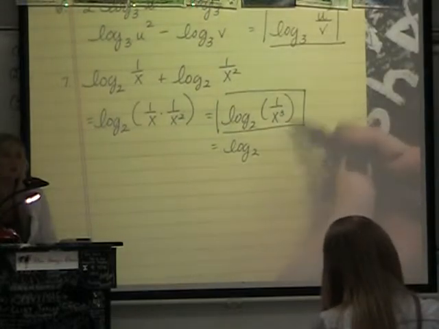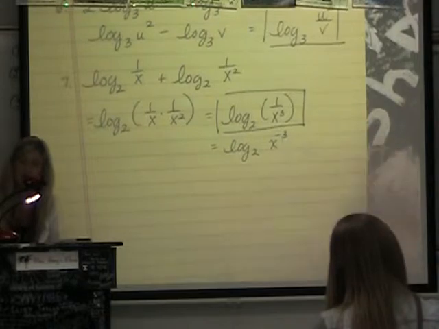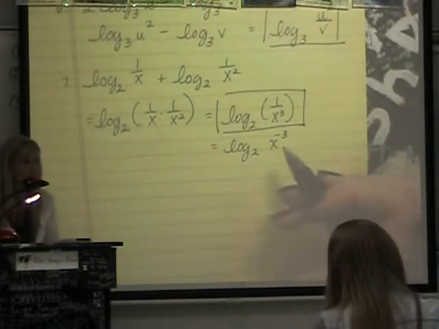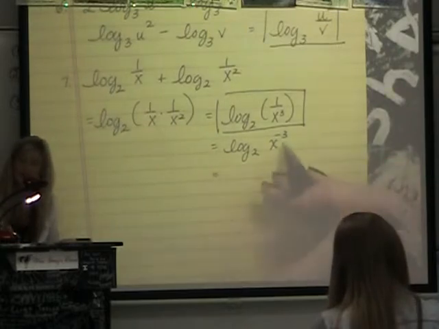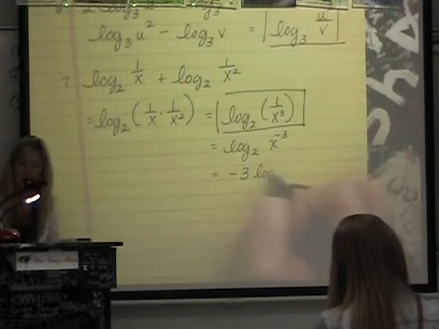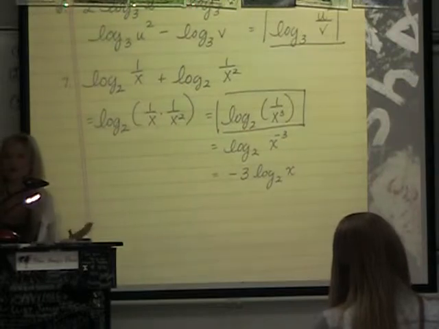Another way to write 1 over x cubed is x to the negative 3 power. Sometimes they'll write it like this. And then other times they'll even bring that negative 3 out in front and write it as negative 3 log base 2 of x. Now, on homework, you don't have to write it every single way that it could possibly be written.